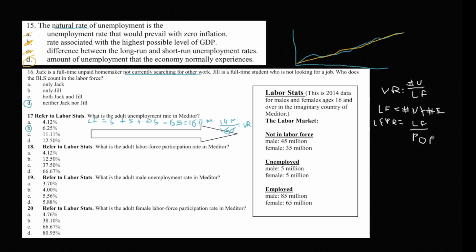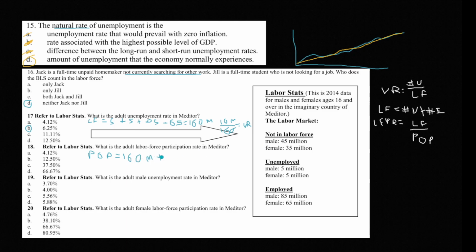So let's write population, pop. So we need to calculate the population. We have calculated the number of people that are employed and unemployed, so that's just 160 million.